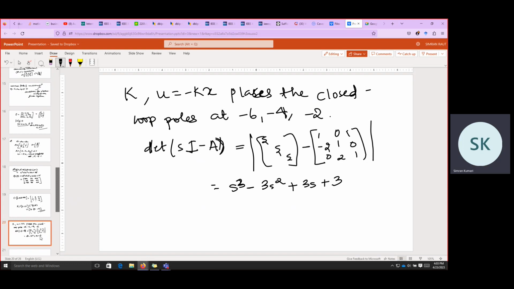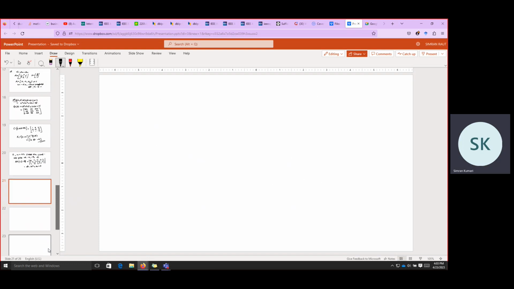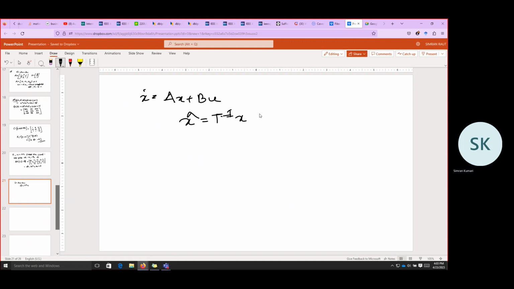So from there, we know how we can convert this system. We have to find some similarity transform. So we have seen that if there is a system x dot equal to Ax plus Bu, and if we transform this state using some transform, suppose we have a state vector x cap equal to P inverse x. Or here we can also say x is equal to T x cap.